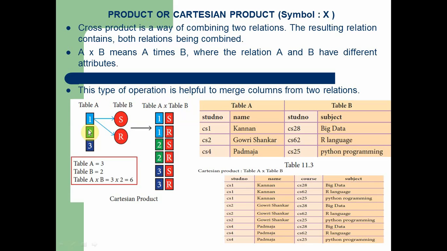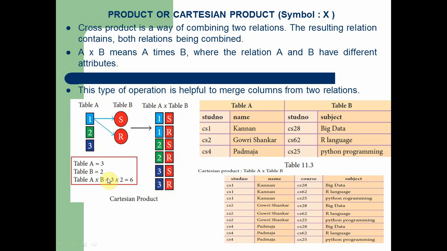This type of attribute is helpful. Here you can see in table A and table B, if you have three rows or tuples in A and two rows in table B, what will be the output? 1 S, 1 R, 2 S, 2 R, 3 S, 3 R.